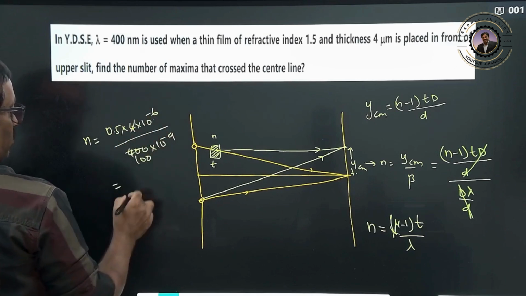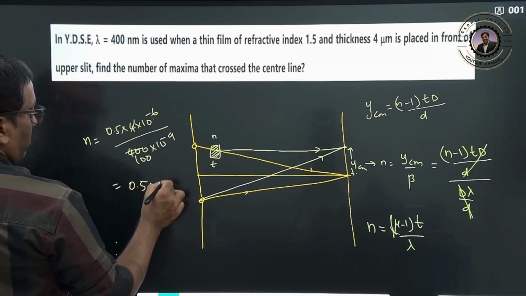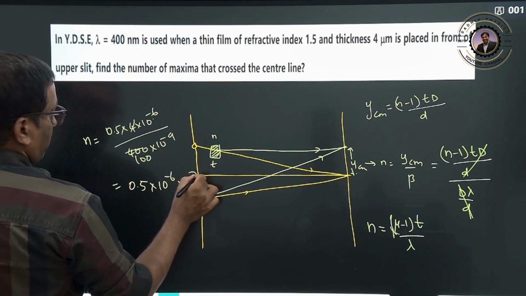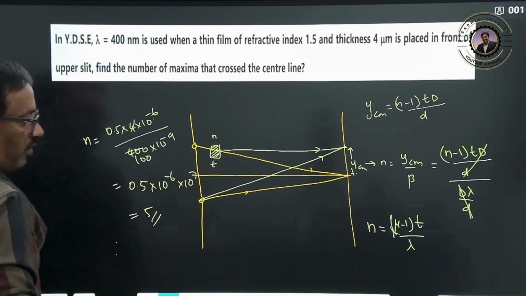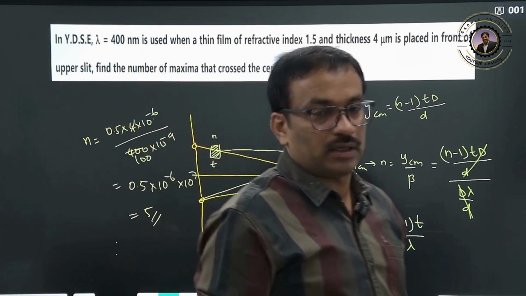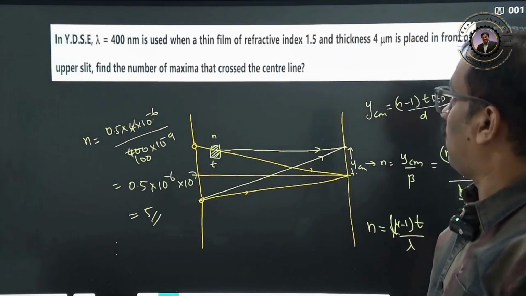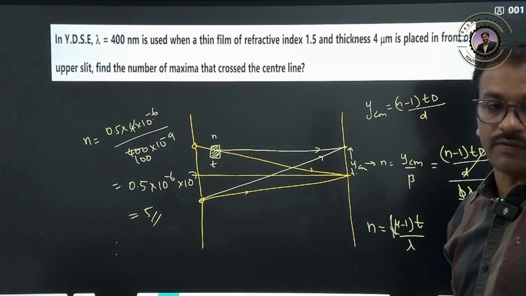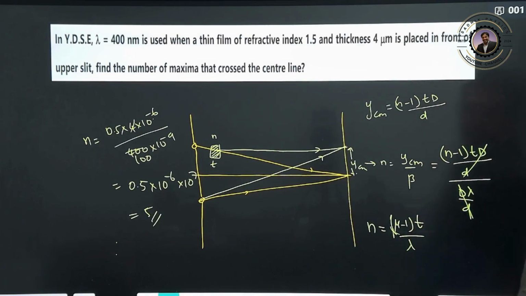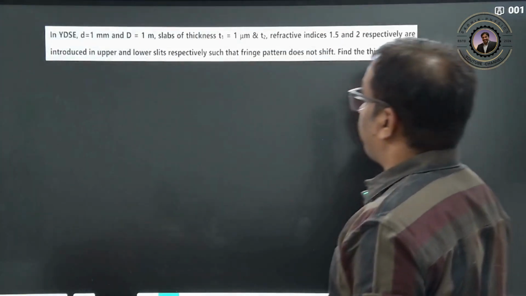Taking it together, 0.5 into 10 to the power of minus 6 into 10 to the power of 7 is nothing but 5 fringes. We are going to get it. Clear? 5 fringes will get shifted here. Clear? Now we will go for one more question.